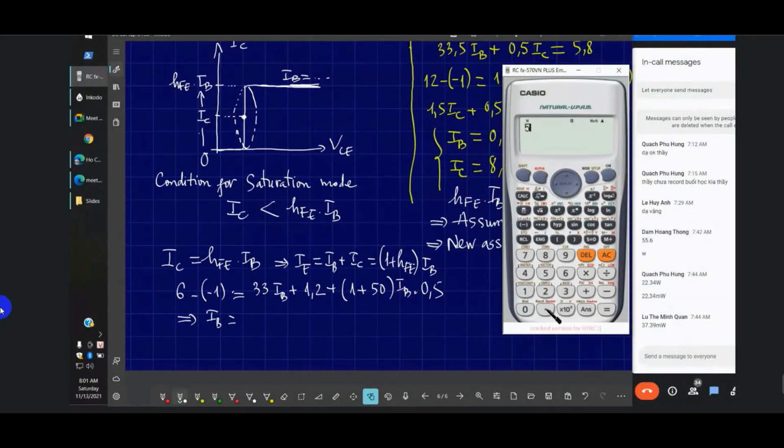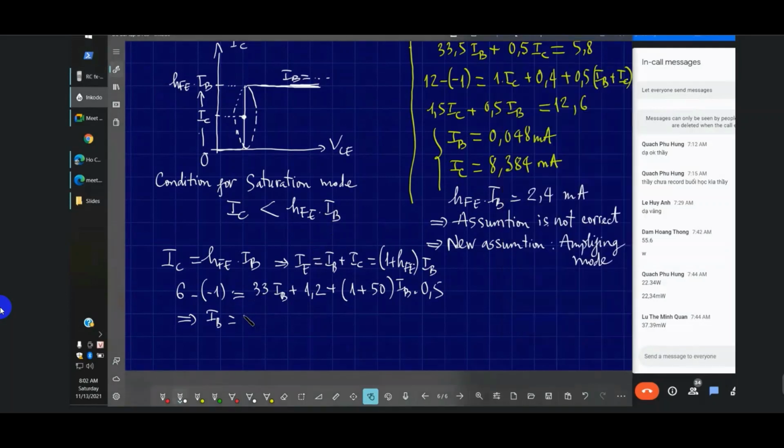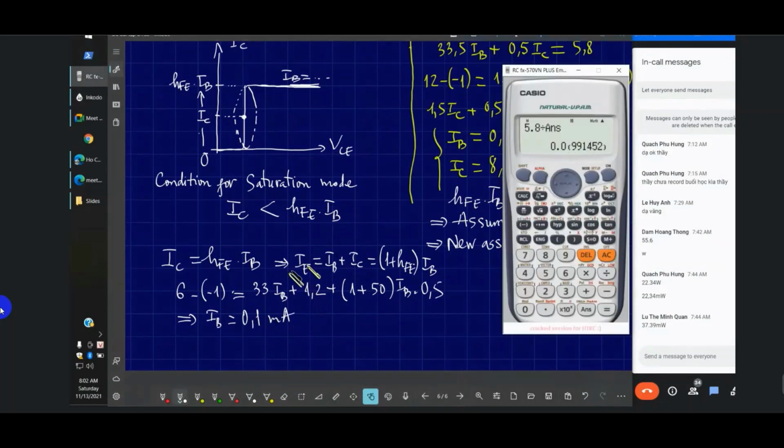So 5.8, right? It's 7 minus 1.2, which is 5.8. Okay, and then divided by the last answer. Okay, and then I got my result for IB, 0.099. I can say it is 0.1 milliampere. Okay, 0.1 milliampere.